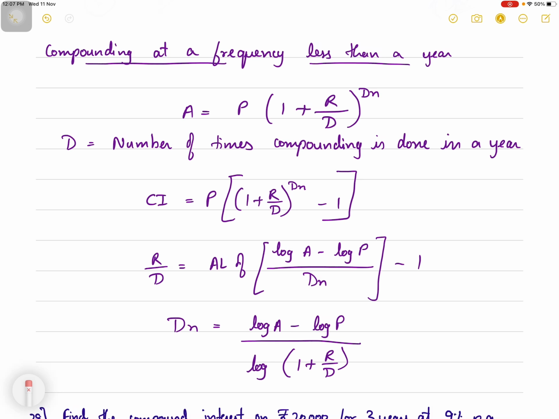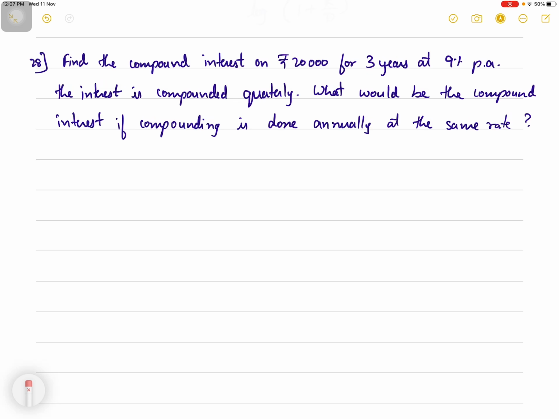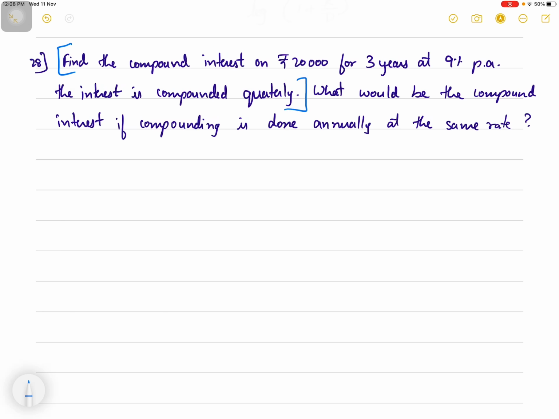Now let's solve the first problem. Find the compound interest on rupees 20,000 for 3 years at 9% per annum. The interest is compounded quarterly. What would be the compound interest if compounding is done annually at the same rate? First we will solve the first part. If compounding is done quarterly, write the heading.